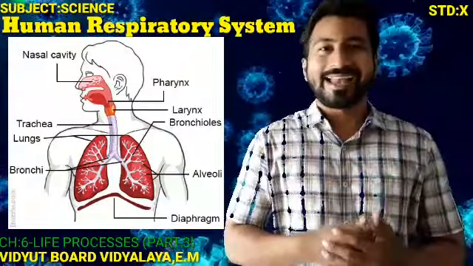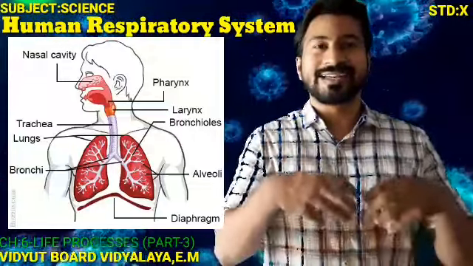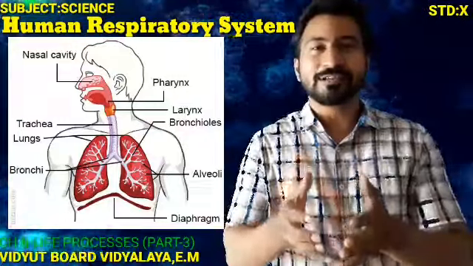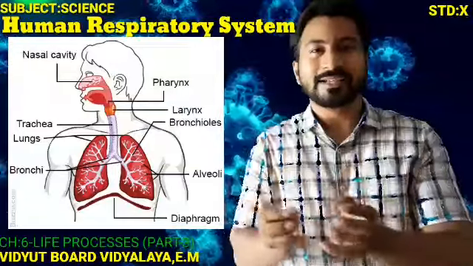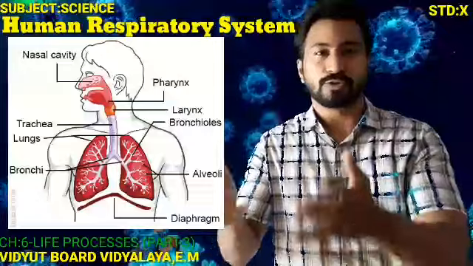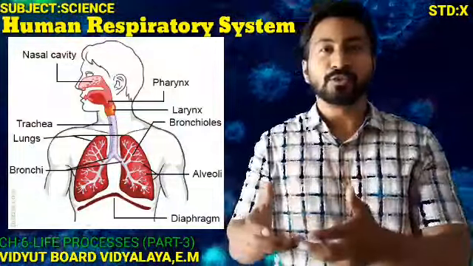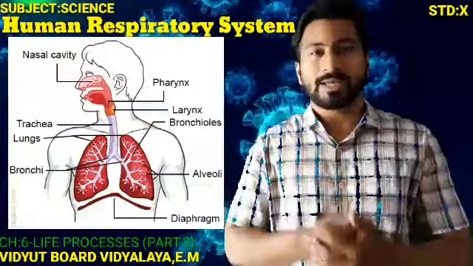Furthermore, the trachea passes into the thoracic region, that is the chest region, and it divides into two bronchi, each of them entering into the lungs, and then they divide into a lot of smaller branches known as the bronchioles. These bronchioles end up in grape-like structures known as the alveoli.